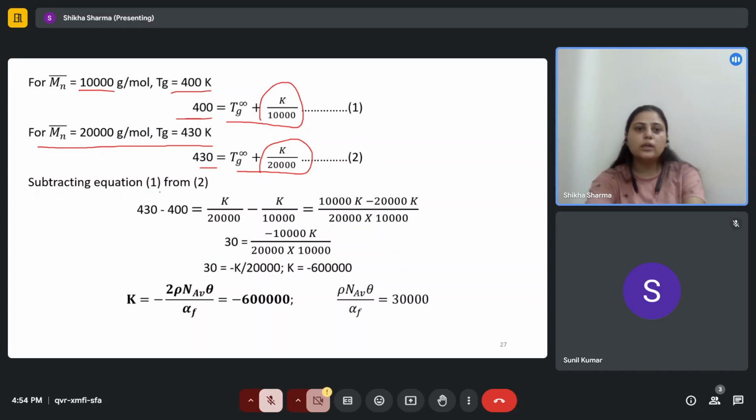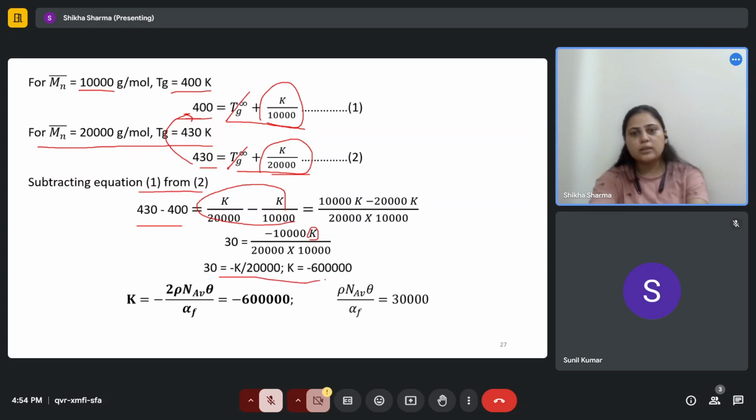So from 2 we are subtracting 1, which is 430 minus 400, is equal to K by 20,000 minus K by 10,000, where the Tg infinity cancels out. Now we can solve this, because we have just one unknown, which is K. So we can calculate K as minus 6 lakh.